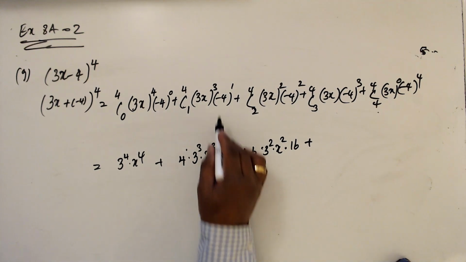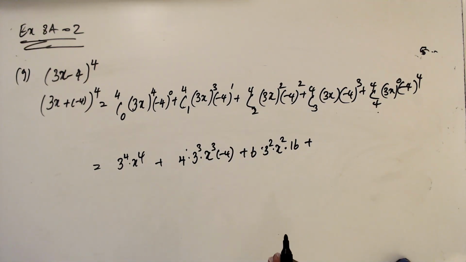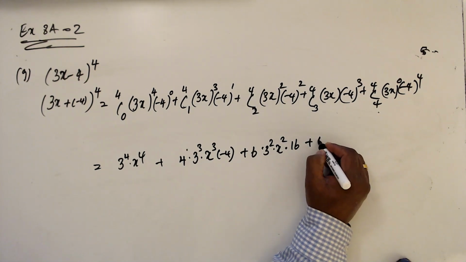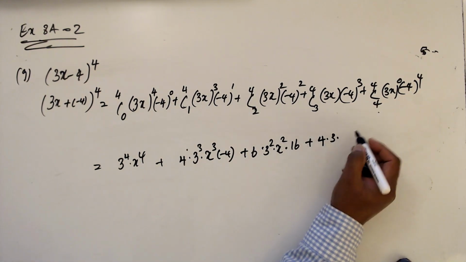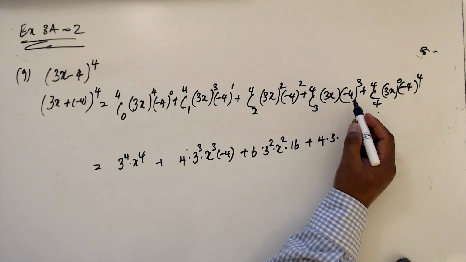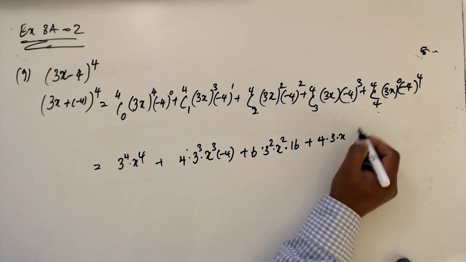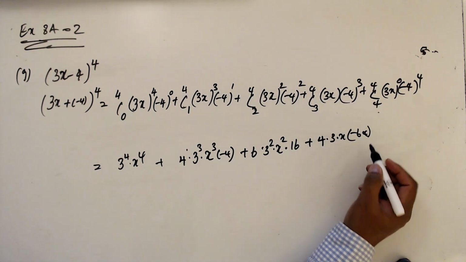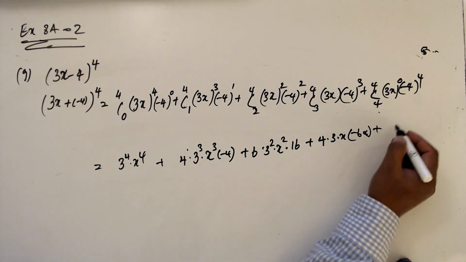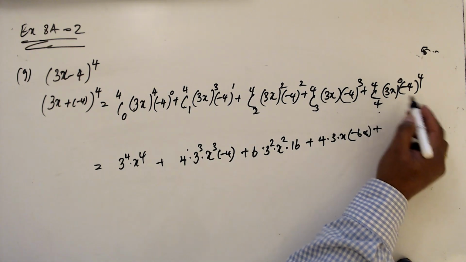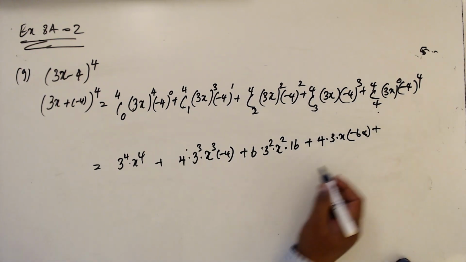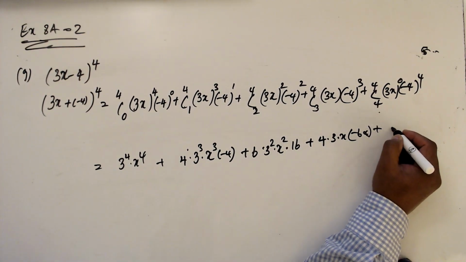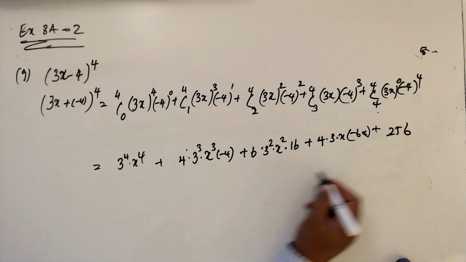If it is negative I leave it as it is, otherwise it's going to be a confusion. So this is going to be 4 times 3 times minus 4 cube x, this is going to be minus 64, and this is going to be 1, times 64, so this is going to be 256.